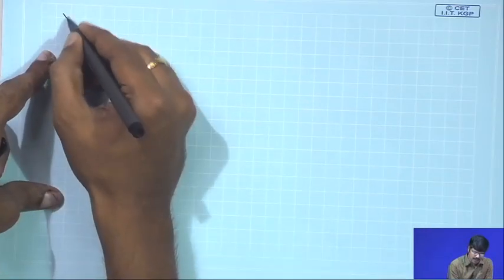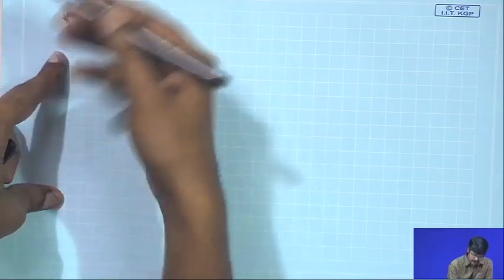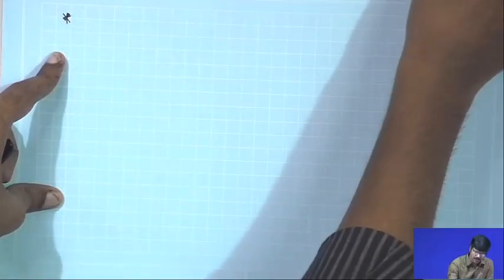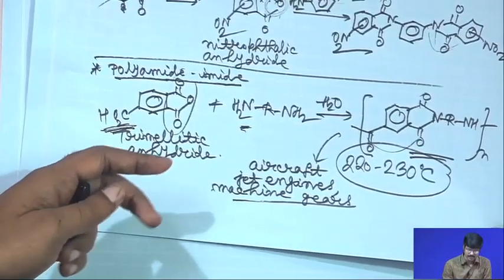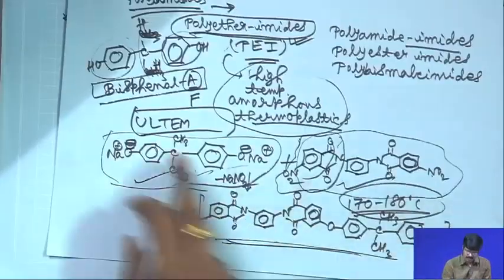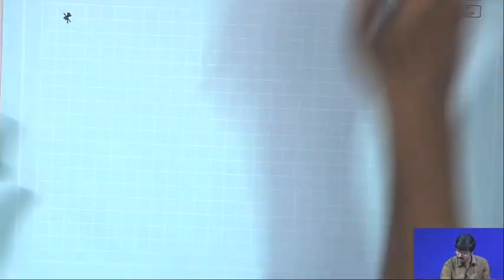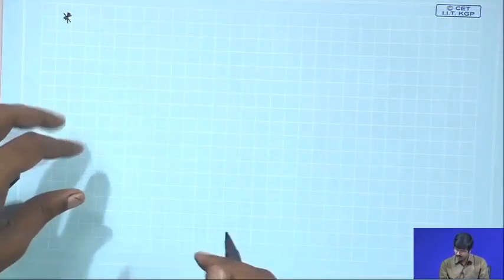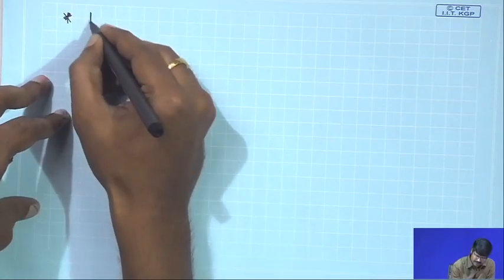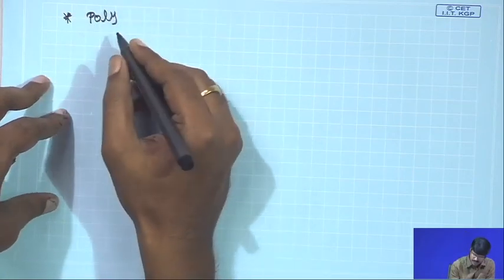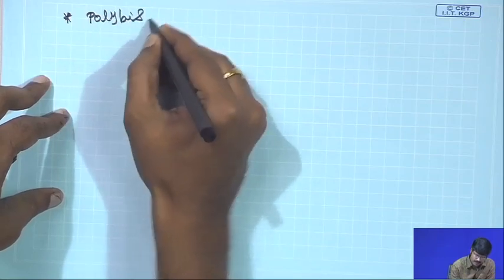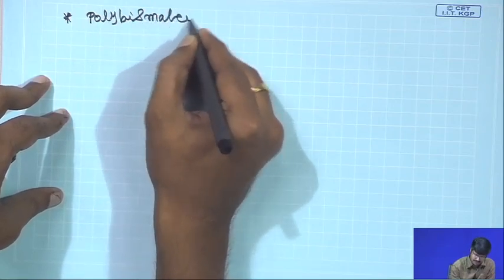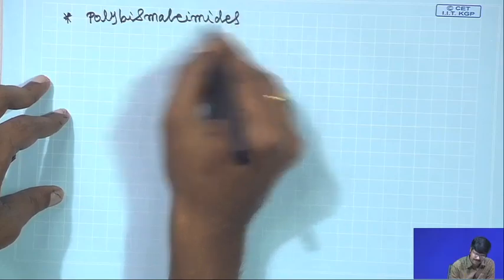Okay. So, let us talk about another class of polyimides now, commercially modified polyimides. Already we talked about polyamide-imide and polyether-imide. Ultem is one of the polyether-imides. Now, let us talk about another class of imides, which is called bismaleimides.